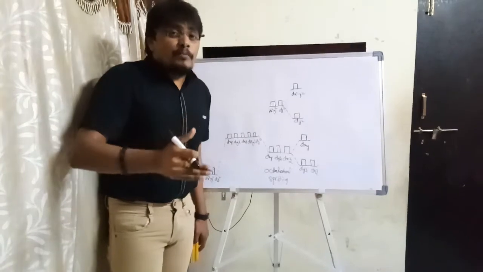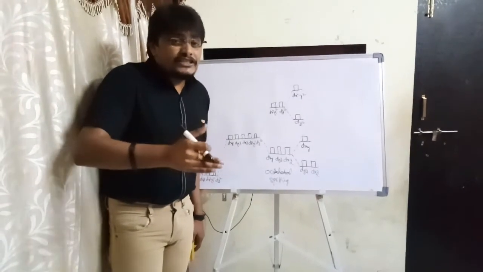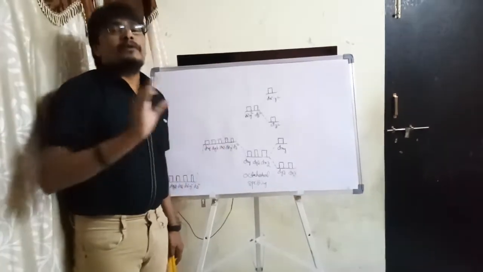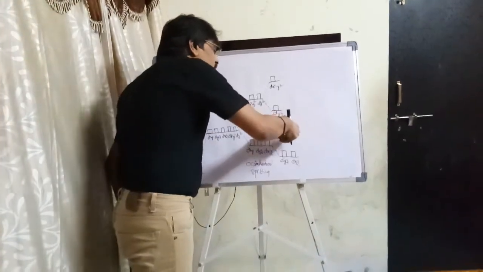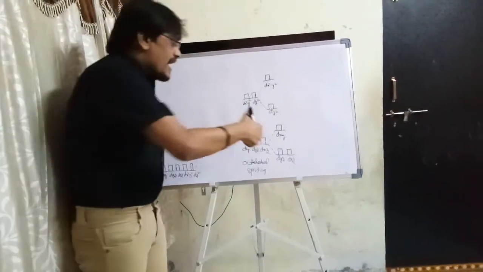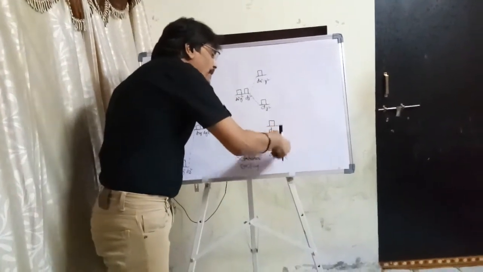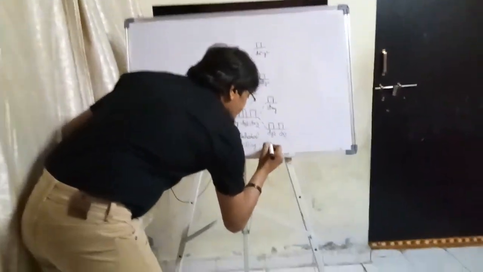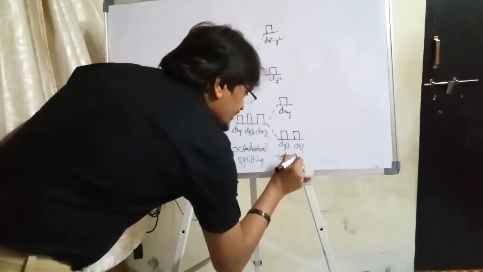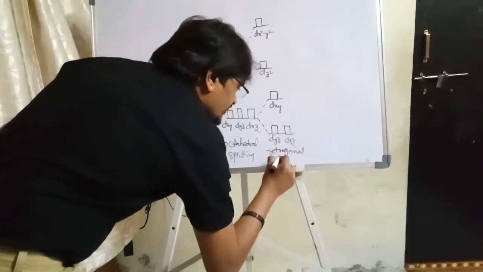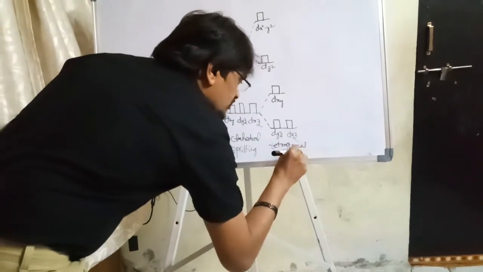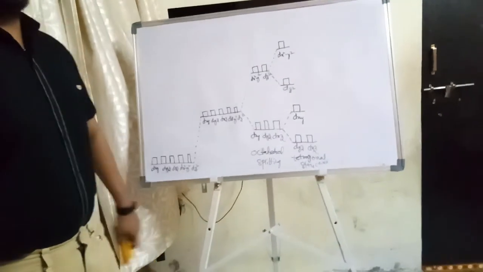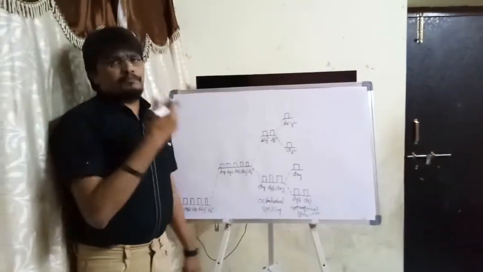So whatever d orbitals have electrons placed in between the x and y axis will experience the maximum repulsion. Accordingly, the dxy is occupying the highest energy level, whereas the dyz and dxz are occupying the lowest energy level. So up to here it is tetragonal splitting, or tetragonal structure, we can say.